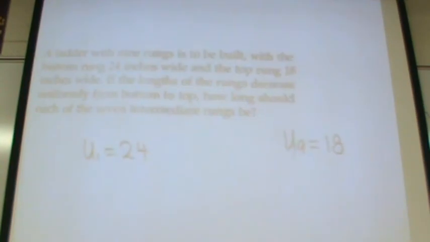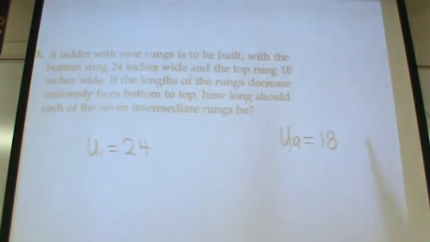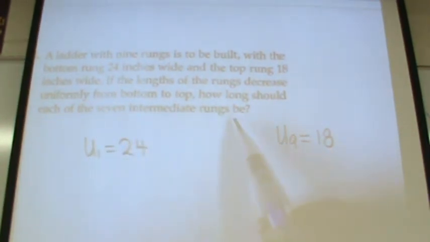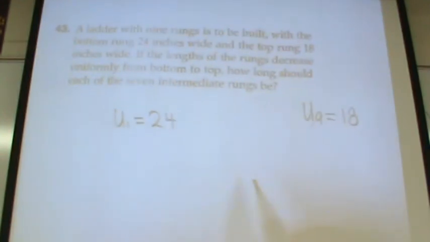Okay, what we need to do is figure out, if the lengths of the rungs decrease uniformly from bottom to top, how long should each of the 7 intermediate rungs be? So if you look at this, the first term, we have to find the d value. And what you can do is just use your ordered pairs, like I told you.